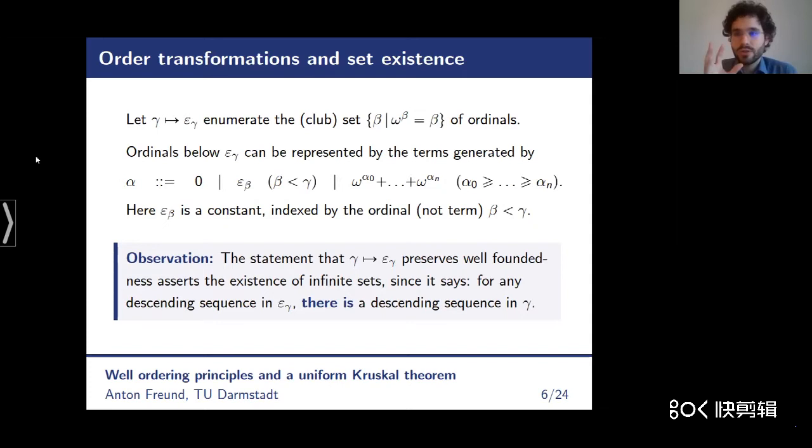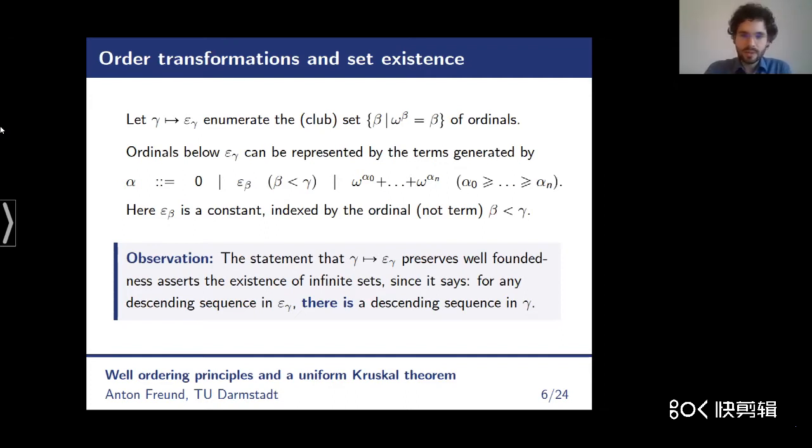And to see that, we should look at the contrapositive of the statement. Namely, the contrapositive says whenever we have an infinitely descending sequence in epsilon gamma, then there is also an infinitely descending sequence in gamma. So if epsilon gamma is not well-founded, then gamma is not well-founded. And this 'there is' here is this existential claim about infinite sets that's contained in these statements about order transformations.